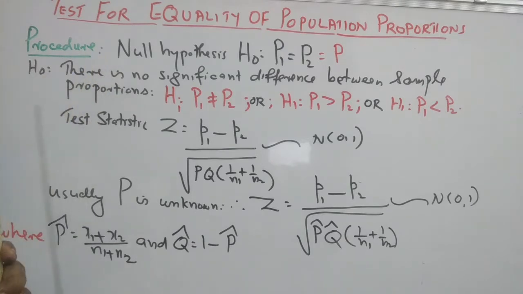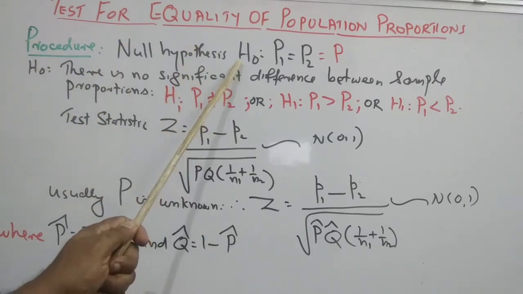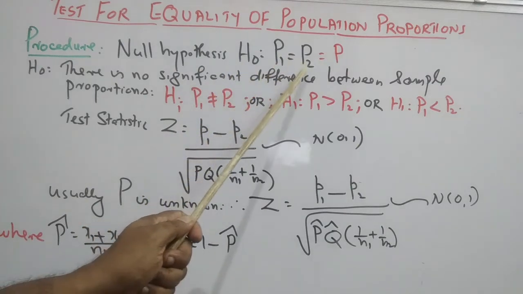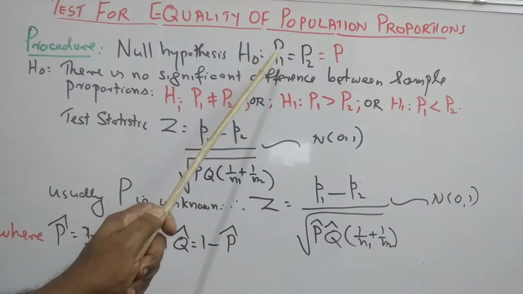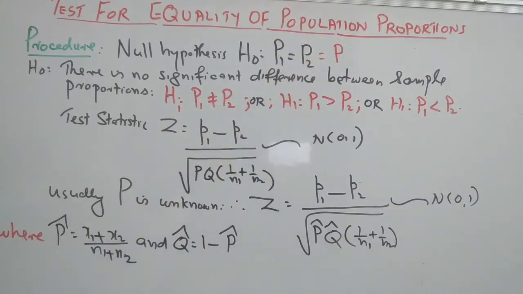The procedure: at first, state the null hypothesis. H0 is that P1 is equal to P2, taken as P, that the two populations have the same proportion of attributes, and we perform the test in terms of sample information.